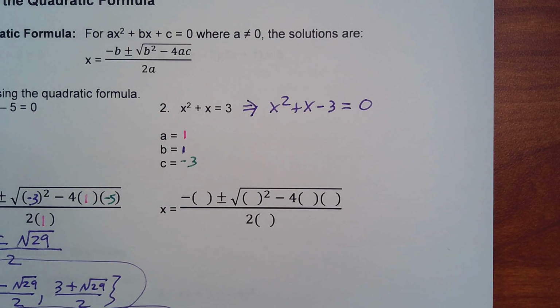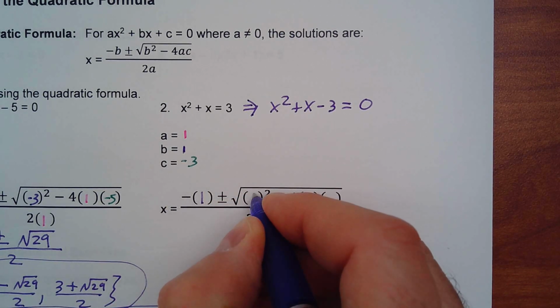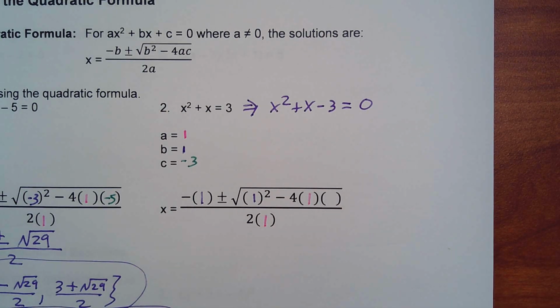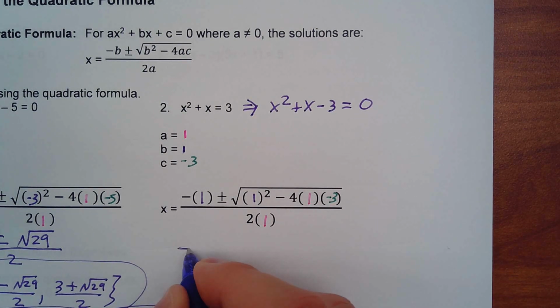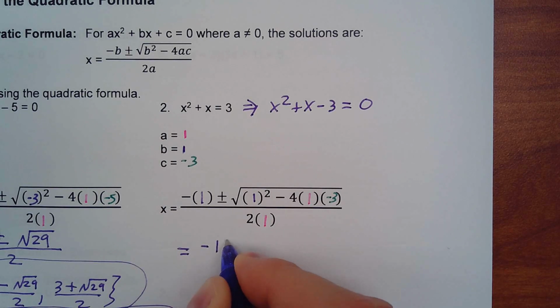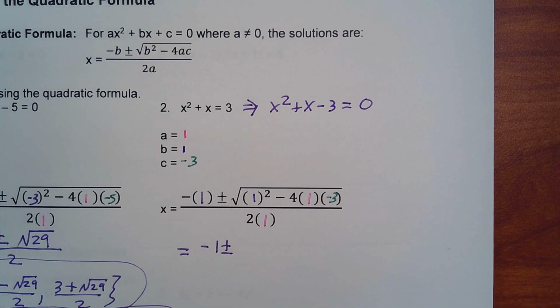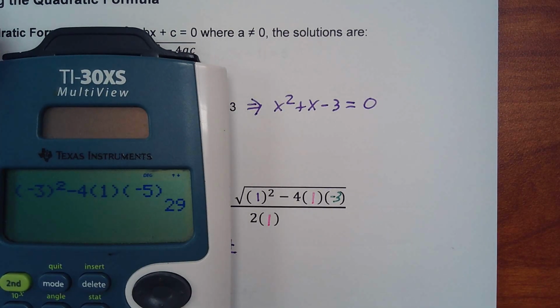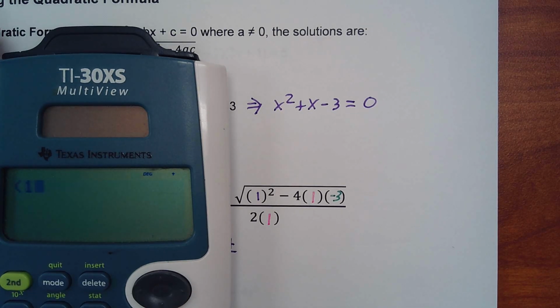Again, whenever I see a B, I'm going to put the 1. For A, I'm going to put in 1. C, negative 3. And now we're going to work on simplifying. So this would be negative 1 plus or minus. Let's grab the calculator. So we have 1 squared minus 4 times 1 times negative 3.